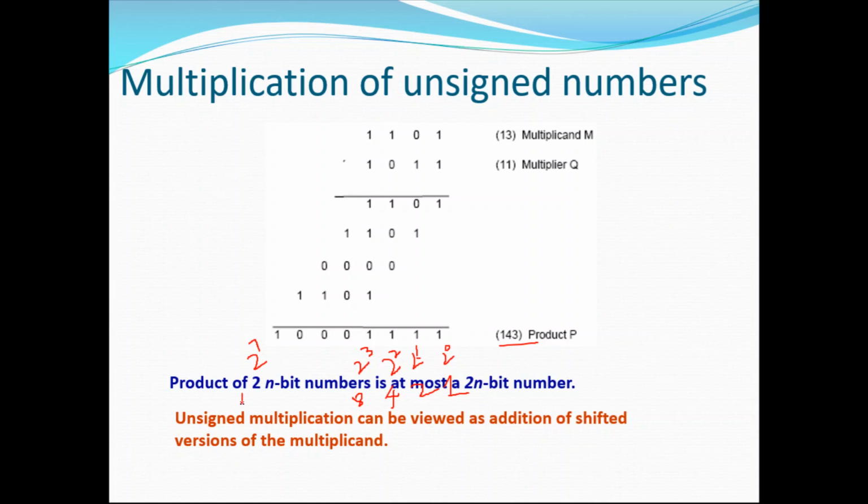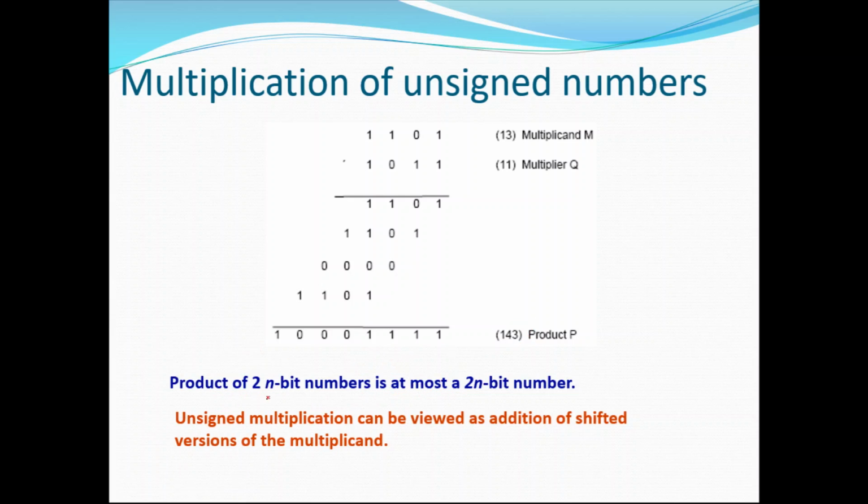So 128 plus 8 is 136, 136 plus 4 is 140, 140 plus 2 is 142, and 142 plus 1 is 143, which is the decimal equivalent of this number.